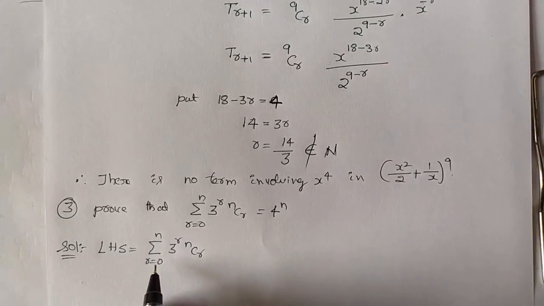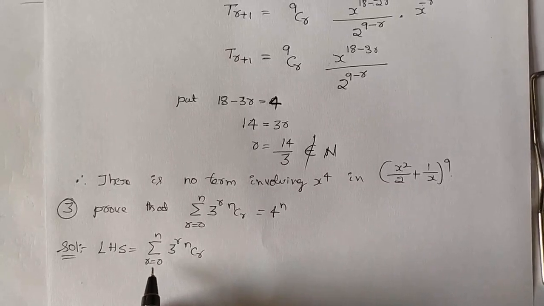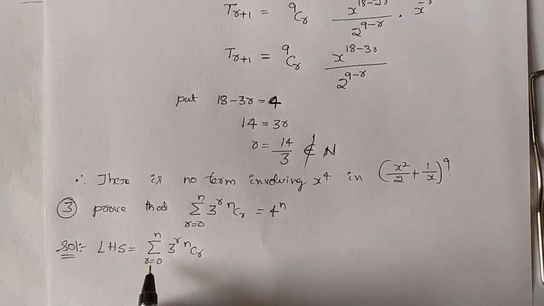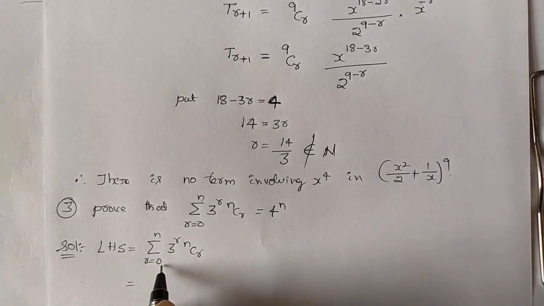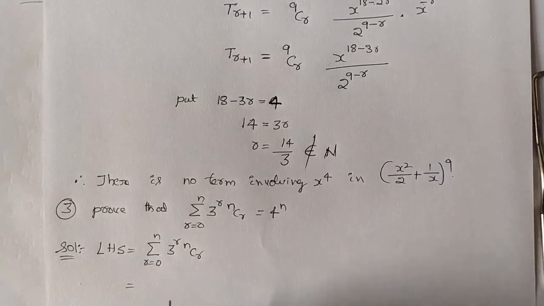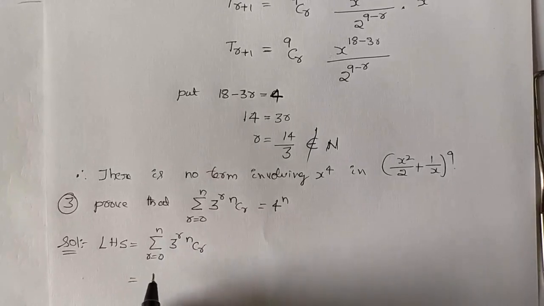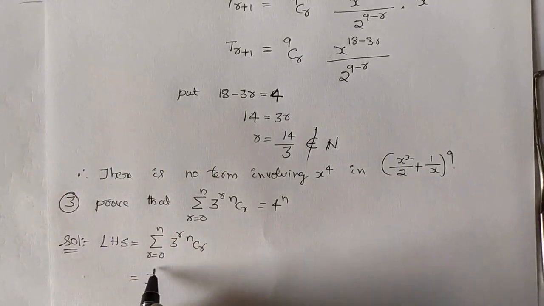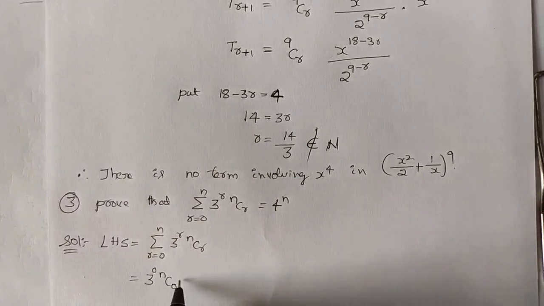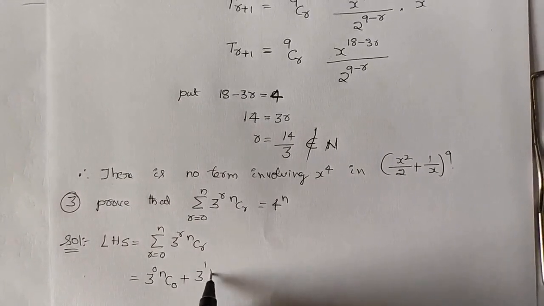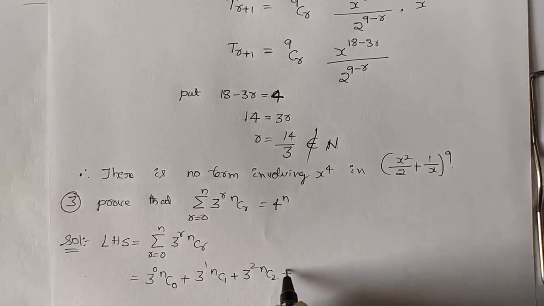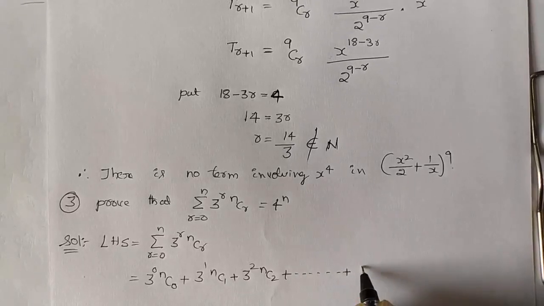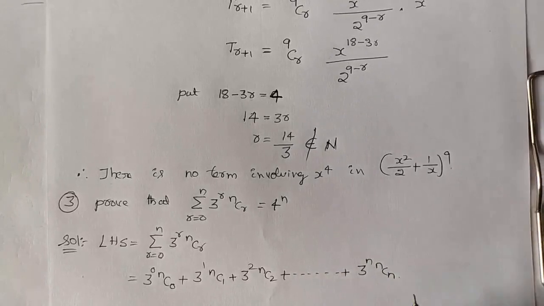Summation is nothing but addition. We have to take the r value from 0 to n: 0, 1, 2, 3, 4, 5 and so on up to n. So putting r from 0 to n: 3 power 0 nC0 plus 3 power 1 nC1 plus 3 square nC2 plus and so on plus 3 power n nCn.